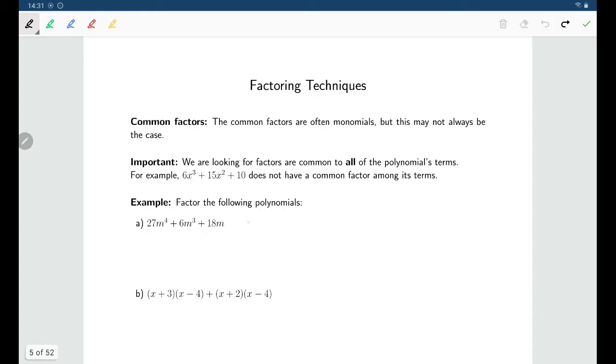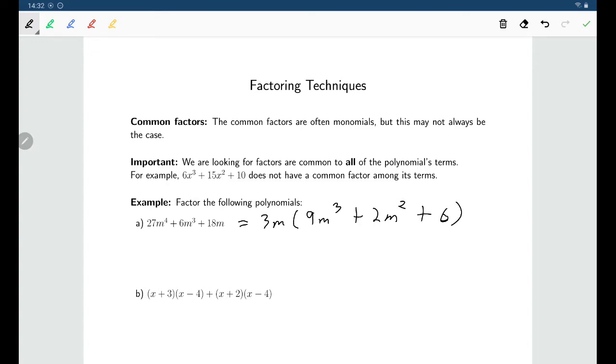So when I'm factoring, I could factor out both a 3 and an m out of every term, leaving in the first term 9m cubed, leaving in the second term 2m squared, and in the last term leaving just 6.